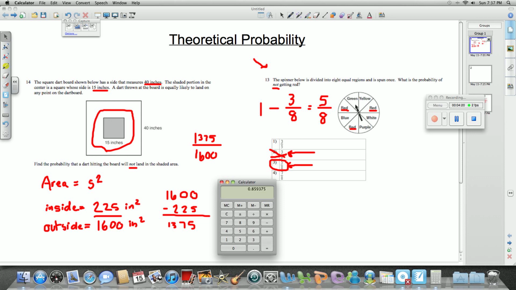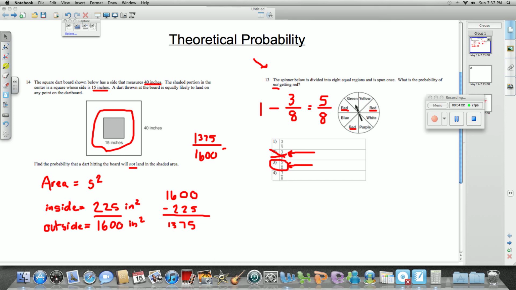Now I'm going to put it down as 0.859 first, and then I'm going to round this to the nearest hundredth. So we'll make it 0.86, and if we're talking about a percentage, it'd be 86%. So if someone was to hit that board, 86% of the time they would be hitting that area up here that's not shaded.